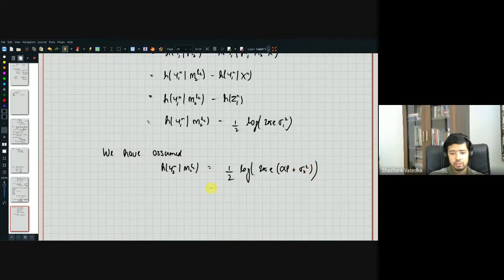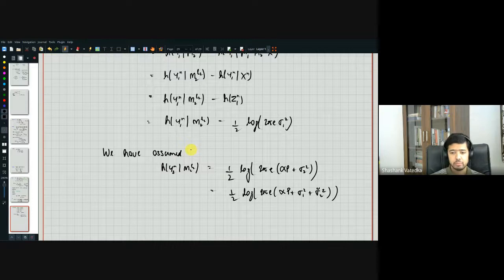Or let me instead write it in the following way: half log 2 pi e times alpha p plus sigma 1 square plus sigma 2 tilde square. All right, so we know that this is equal to this for some alpha between 0 and 1. But now what I want is h of y1 given m2.